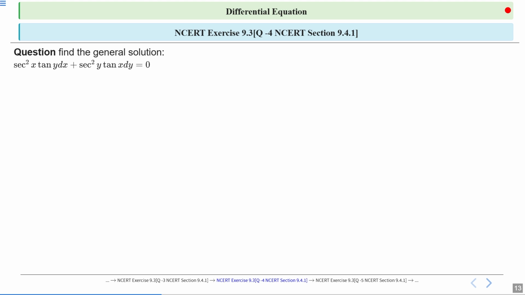And in the second term there is sec square y tan x dy, so there is tan x with dy. So just separate the variables: write the terms involving x with dx and the terms involving y with dy to apply the variable separable method. Okay, so try.